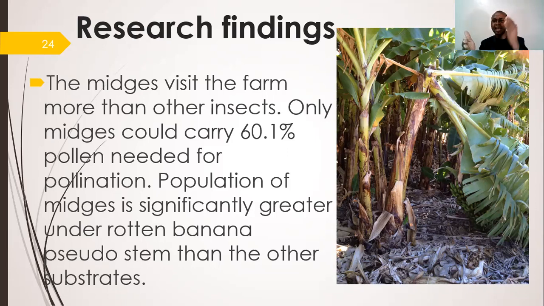Or you should cut the stems of the banana, split them, and throw them all over the farm. So as they get rotten, the midges will lay their eggs in those rotten banana stems and be able to multiply faster on the farm.